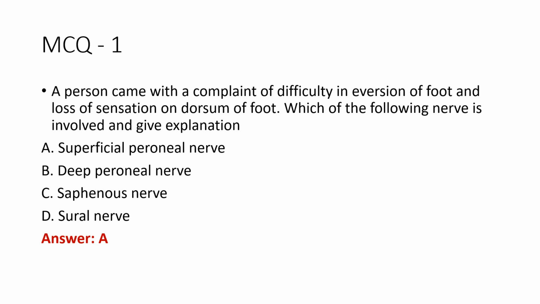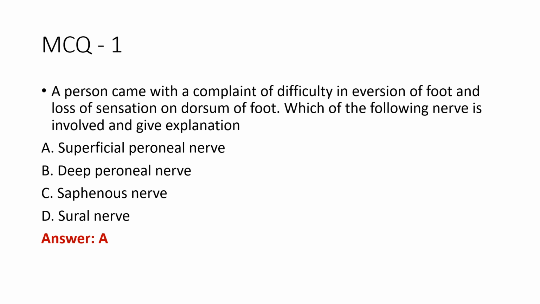Why? Because what are the muscles that produce the eversion of the foot? The peroneal muscles, and the superficial peroneal nerve supplies these muscles, especially the peroneus longus and brevis. These are the main muscles, supplied by the superficial peroneal nerve.